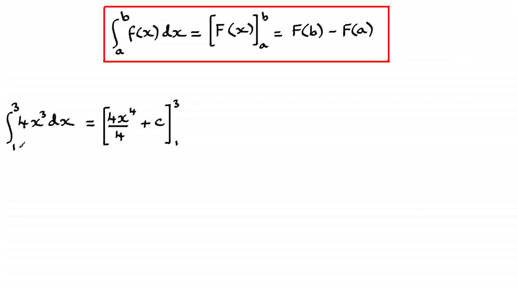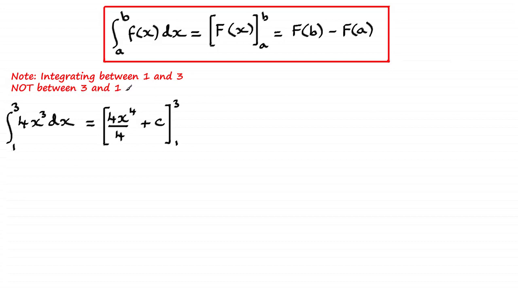And we say that we're integrating 4x cubed, by the way, from 1 to 3, not from 3 to 1. We go from the lower limit to the higher limit. So in this one, we're integrating from a to b, regardless of what the size is of those two numbers. So just a note on that. We're integrating between 1 and 3, not between 3 and 1.